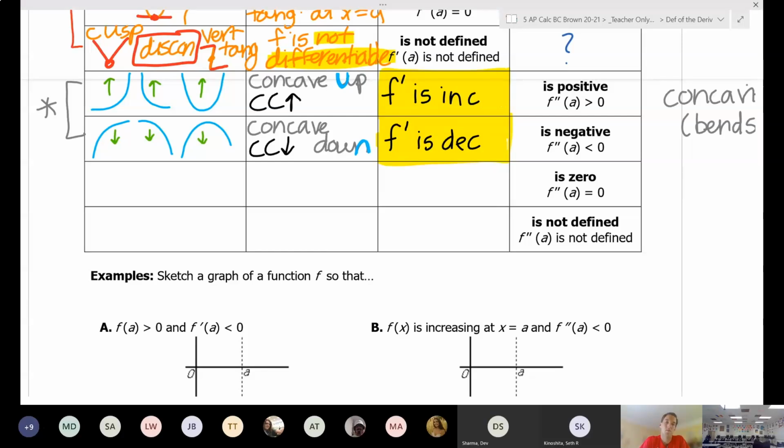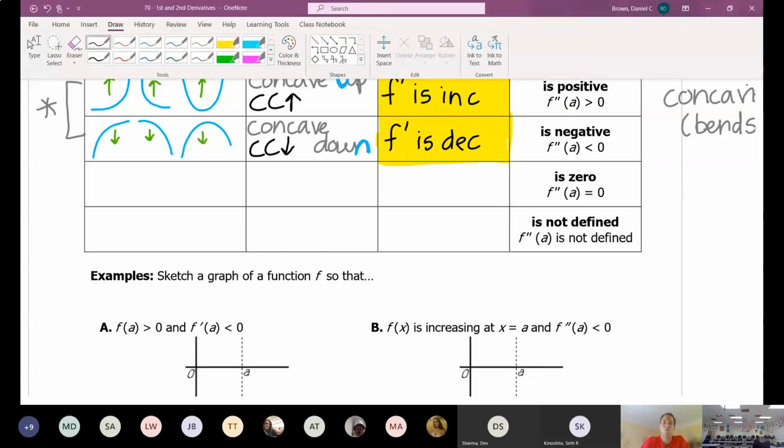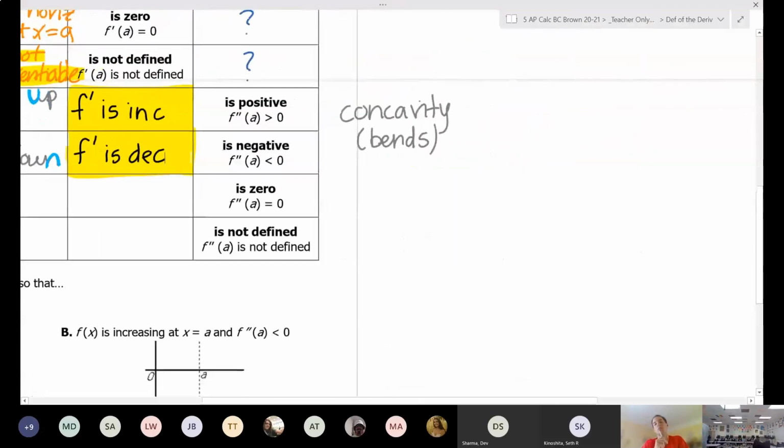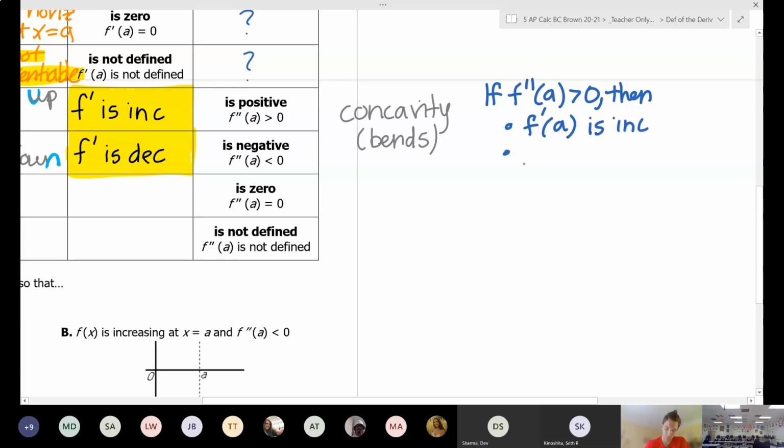So what I'm talking about in these rows, to be a little bit more clear, I'm going to go off to the side. In that first row, basically what I'm saying is if you know f double prime is greater than 0, then you also know first that f prime of a is increasing, and you also know that f, the function, is concave up.